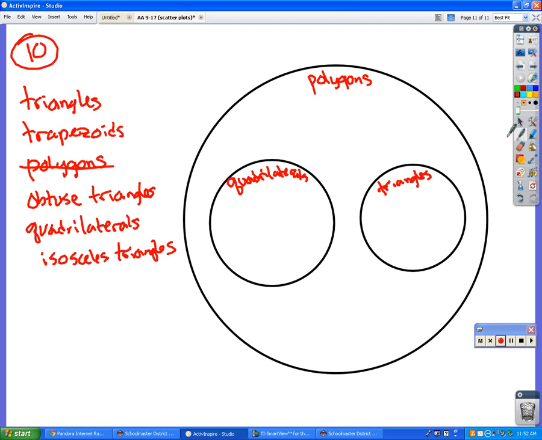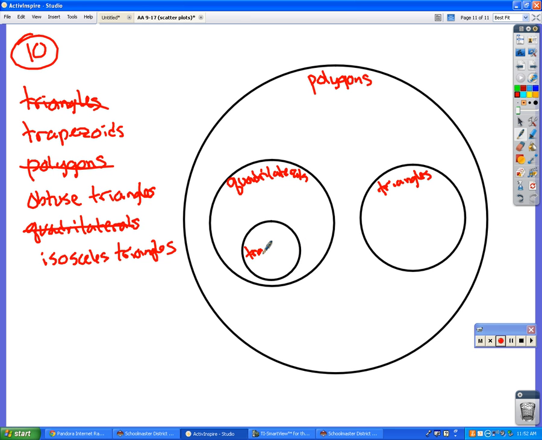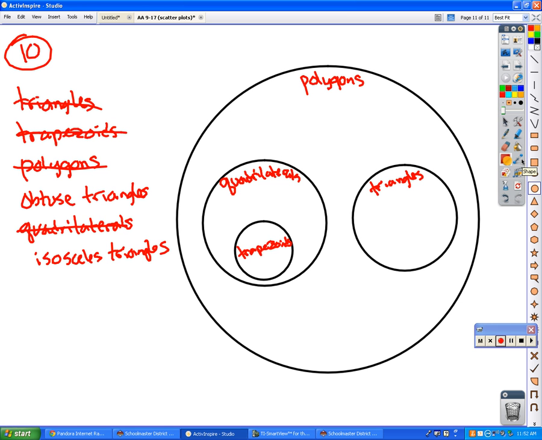So we're done with those. Okay, where do the trapezoids go? Inside the quadrilateral. So here's my trapezoids. Anything else that needs to go inside the quadrilateral? No. Nope. Okay. So obviously the obtuse triangles and the isosceles triangles are going to go inside the triangle circle.